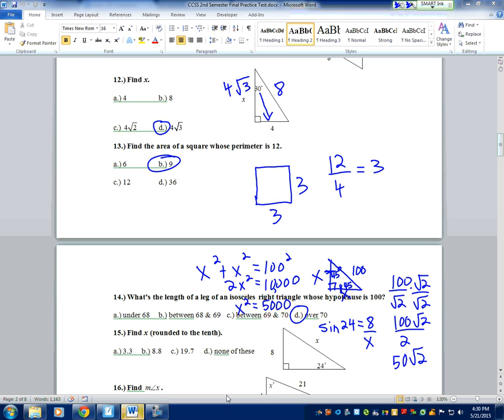So x would go up to sine 24's place, and sine 24 would go down to x's place. And so 8 divided by sine of 24 is 19.6. So 19.7, C. That's through 15.